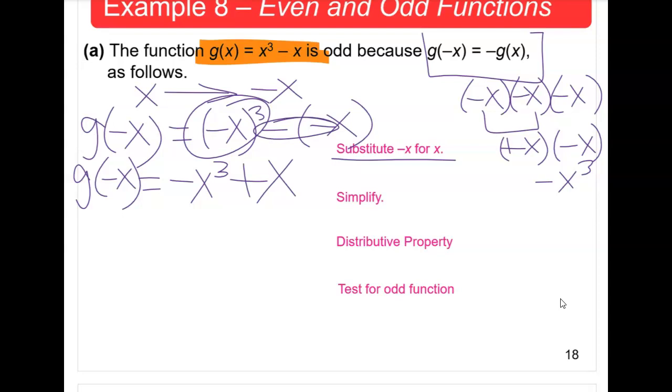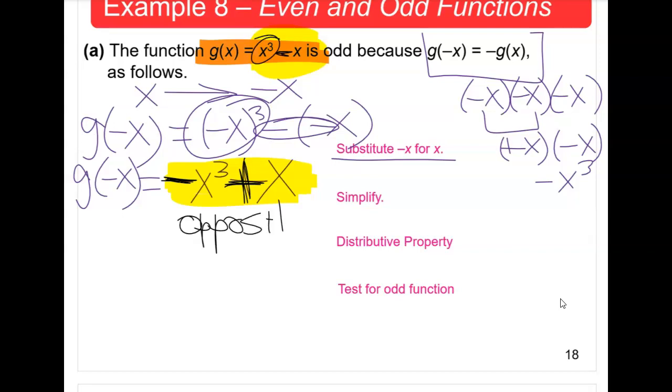Now, if we compare this equation to our original, you can see that we went from positive x cubed to negative x cubed, and we went from negative x to positive x. So what it means is that we got the complete opposite of g of x.